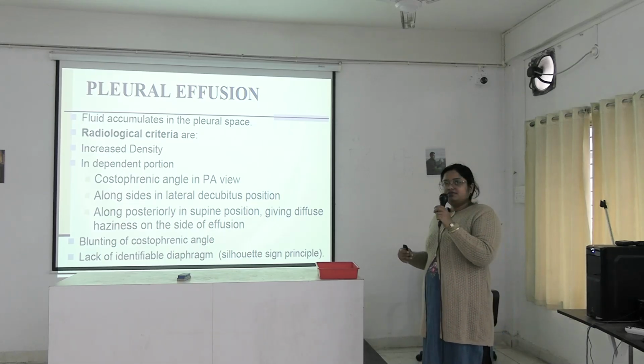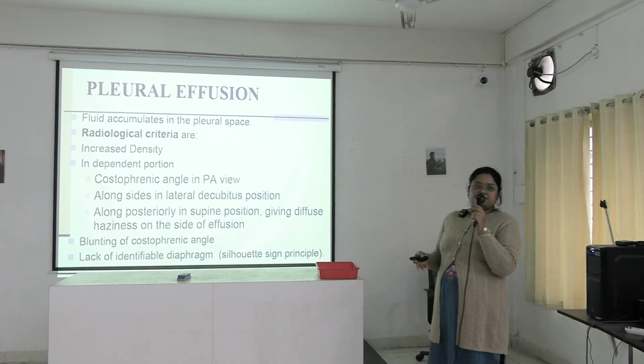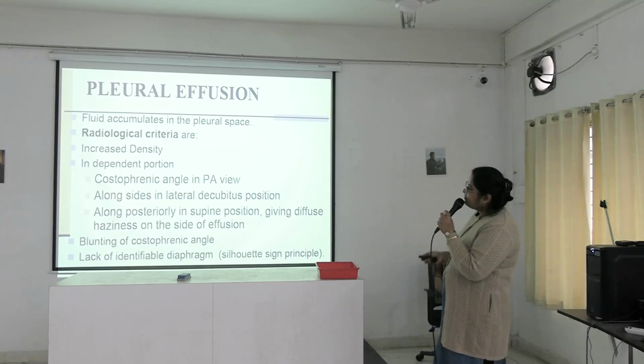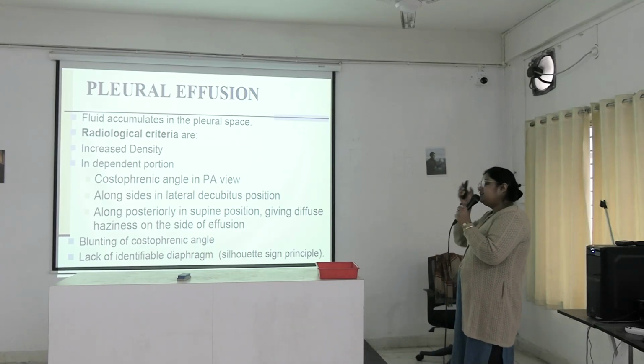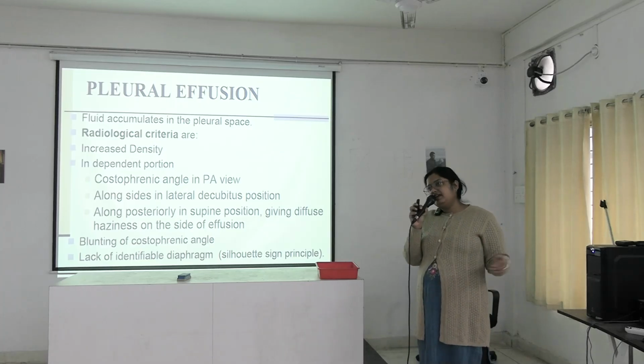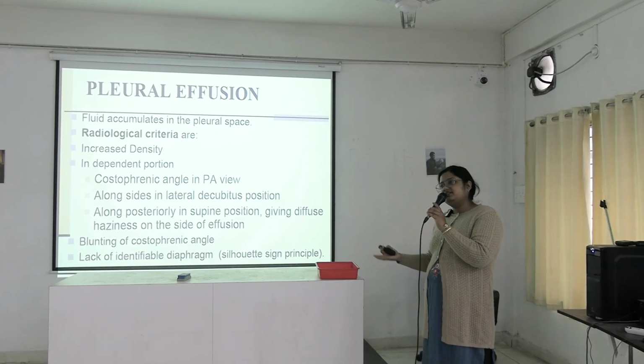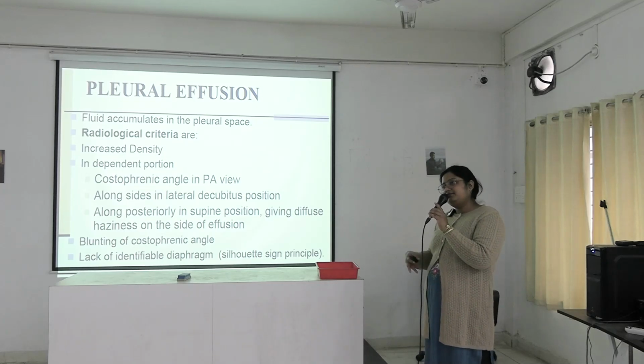In standing position, it will obliterate the costophrenic angles and also sometimes the cardiophrenic angles. And along the sides in lateral decubitus position, the patient is lying in lateral position, then it will occupy this lateral side, which is lower in position.